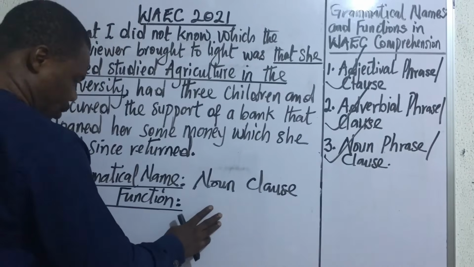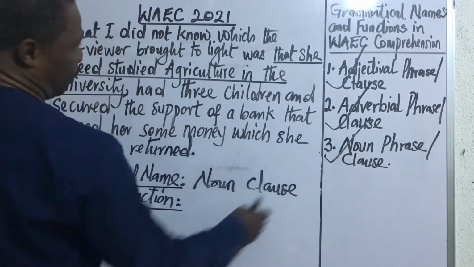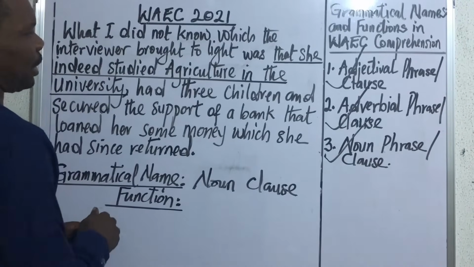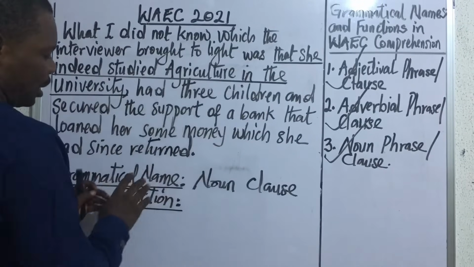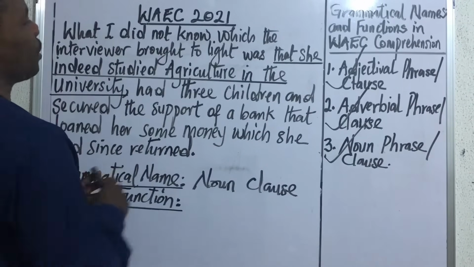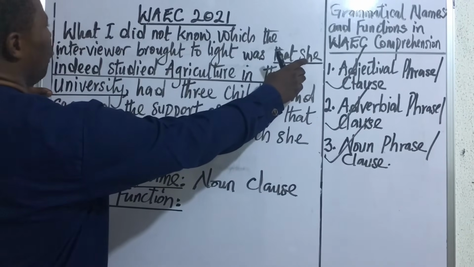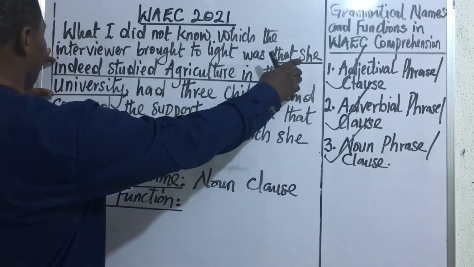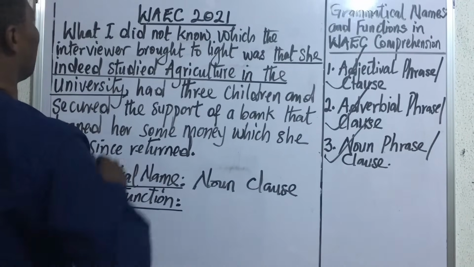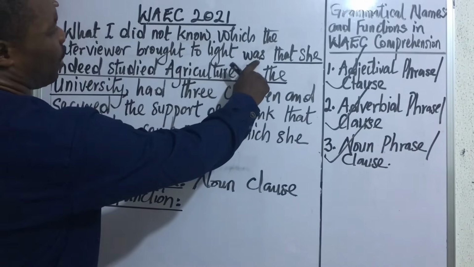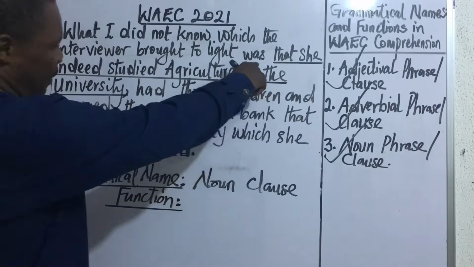So what is its function? Like we established under our discussion on noun phrasal clause, the function is going to be determined by the position of the noun in the sentence. So you ask yourself, what's the position of this underlined clause in this sentence? To identify that, you can quickly look at what it is coming after. It's coming after "was," and "was" is a linking verb.